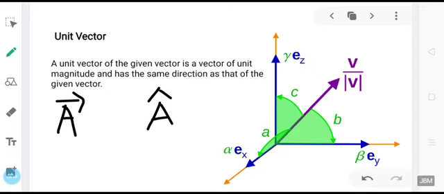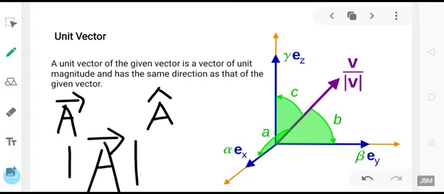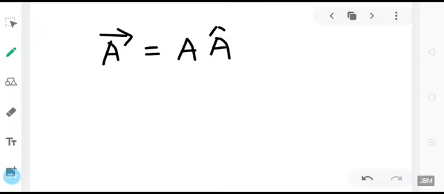Now since the magnitude of vector A is A, we can write down vector A equal to magnitude, and then for mentioning the direction we make use of this unit vector.